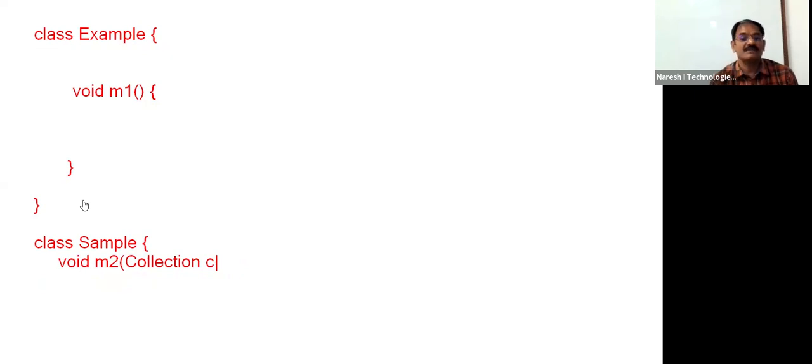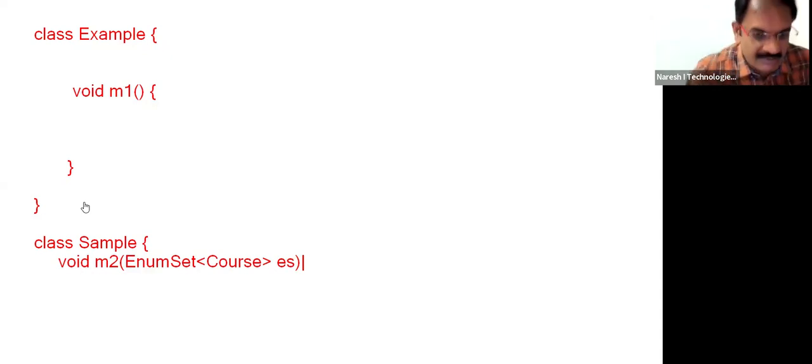But if I take a collection, can you guarantee this collection receives only a collection of named constants? No. Then for working particularly with named constants, we have a collection called what? EnumSet of which kind, whose named constants you want to receive? EnumSet of Course, es, like this you write.